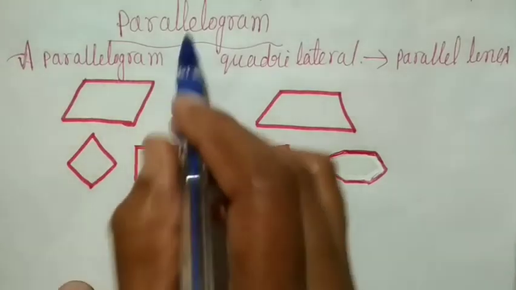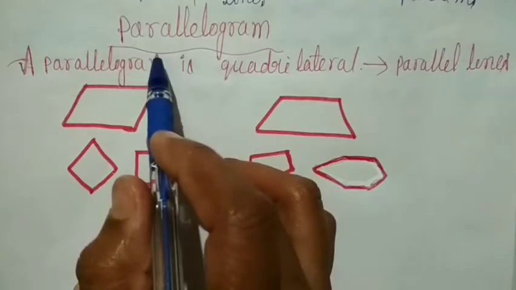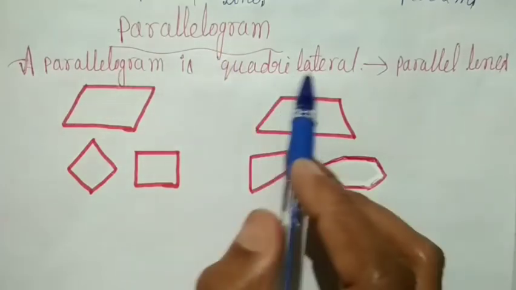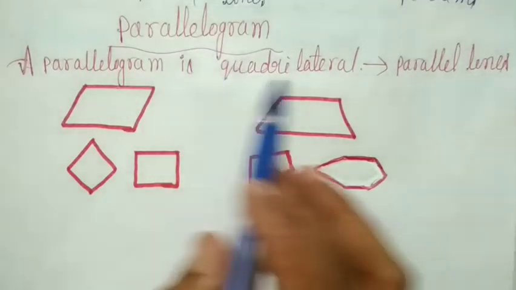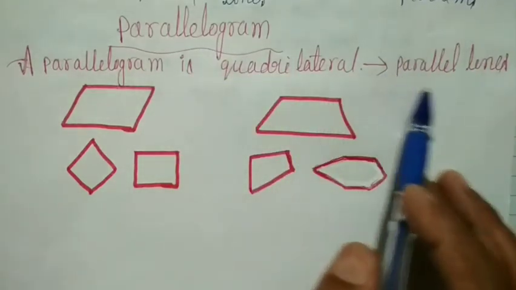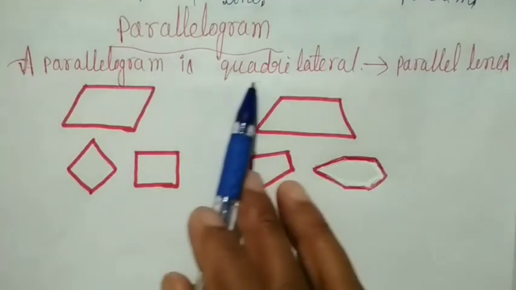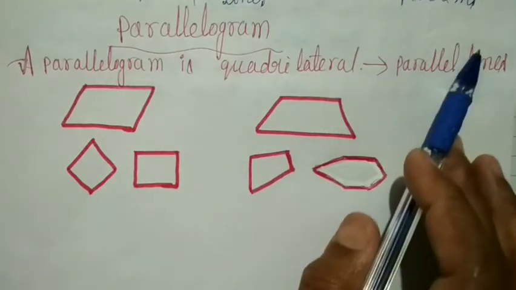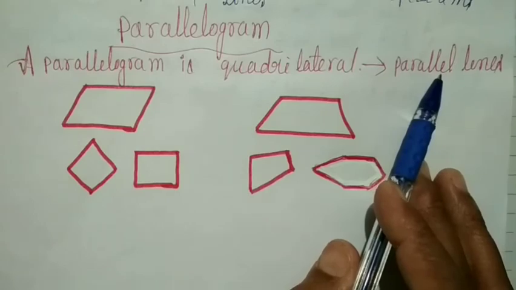Next, coming to the parallelogram. A parallelogram is a quadrilateral. As the name suggests, it has something to do with parallel lines.